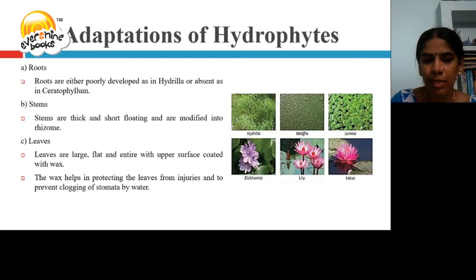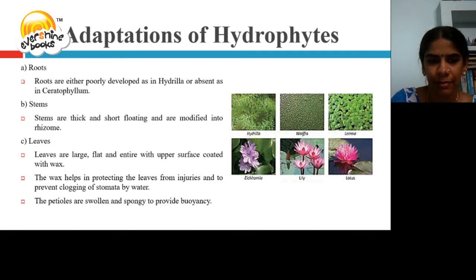The wax helps in protecting the leaves from injuries and preventing clogging of the stomata by water, because stomata are very important for transpiration. The petioles, or leaf stalks, are swollen and spongy to provide buoyancy. Buoyancy means floating. For floating, petioles are very important.